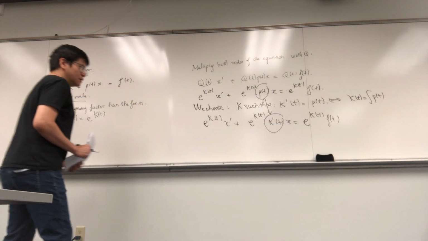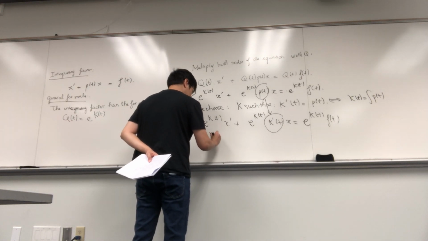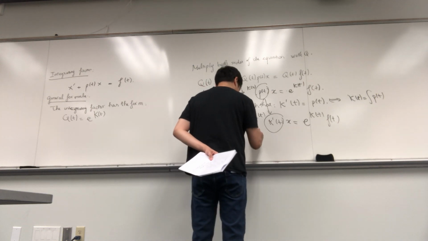Now you observe that e to the k(t) k prime of t is nothing but the derivative of e to the k(t).